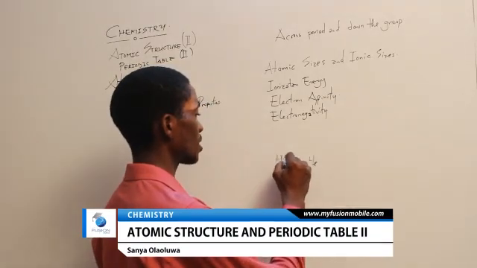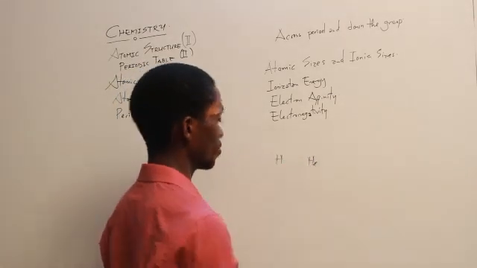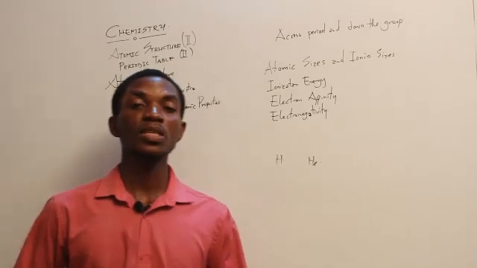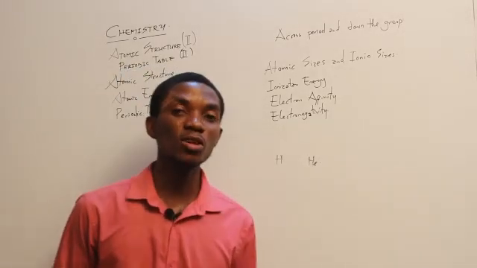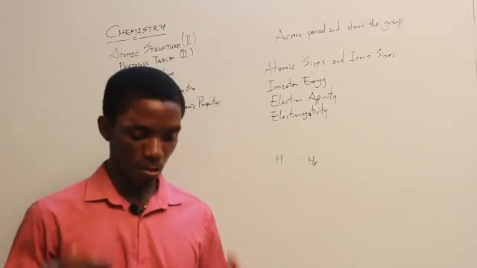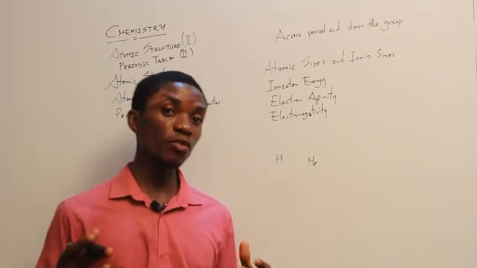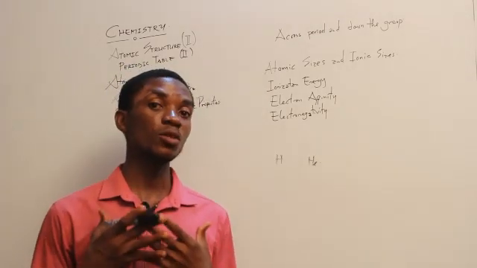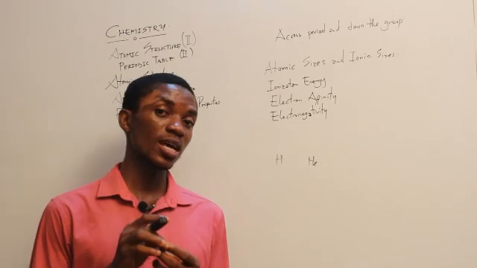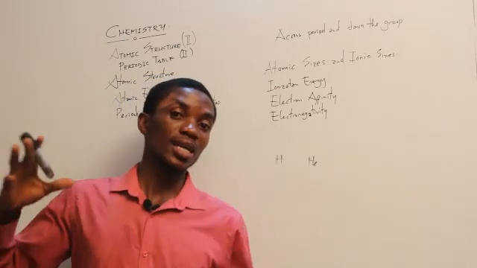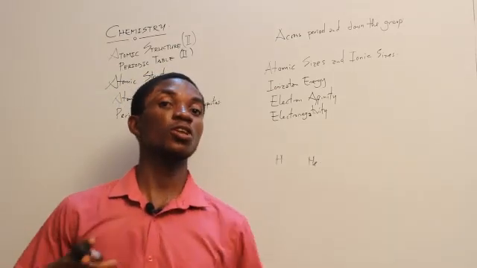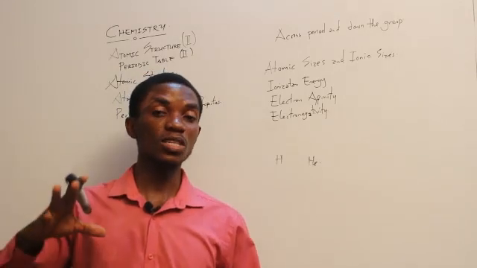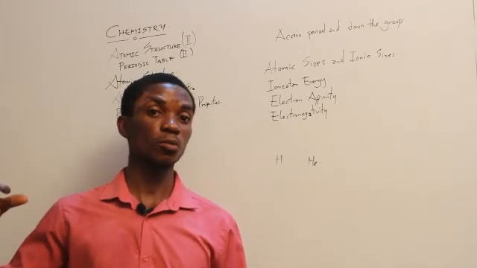The question is, why? Well, I can tell you why. If you remember, our atom is made up of a nucleus and the shell. Now, the amount of attraction between the nucleus and the shell will determine how far away the shell can go.